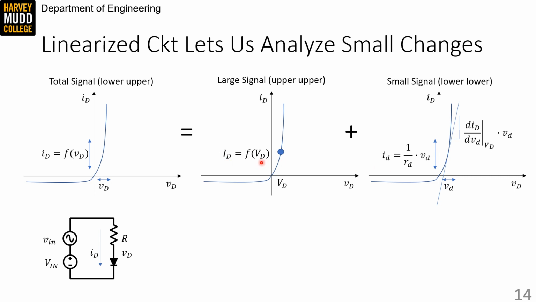The first term of a Taylor series is calculated by evaluating the function at the operating point, at the x that you're evaluating at, which in this case is the large signal voltage applied to the circuit. And so together, this large signal V_D and I_D describe the operating point of the circuit. They tell you what your bias point is.